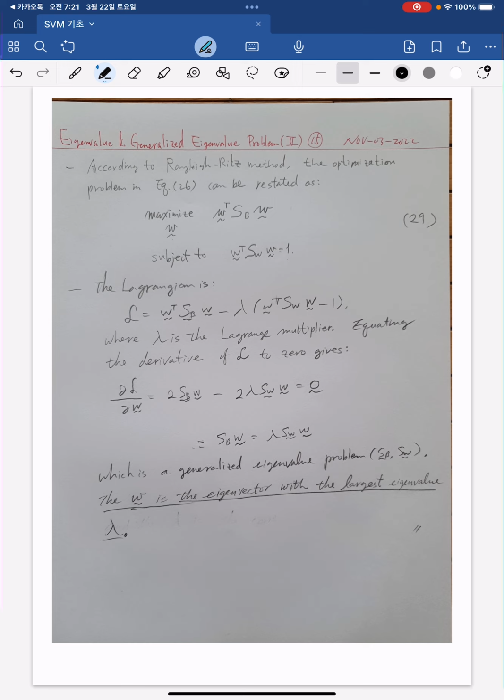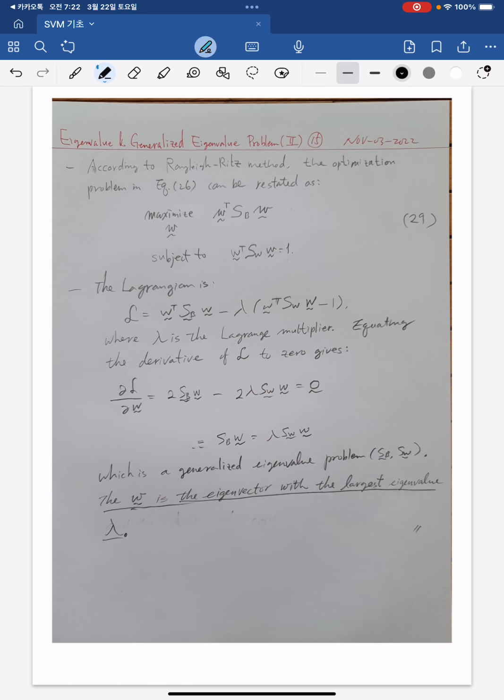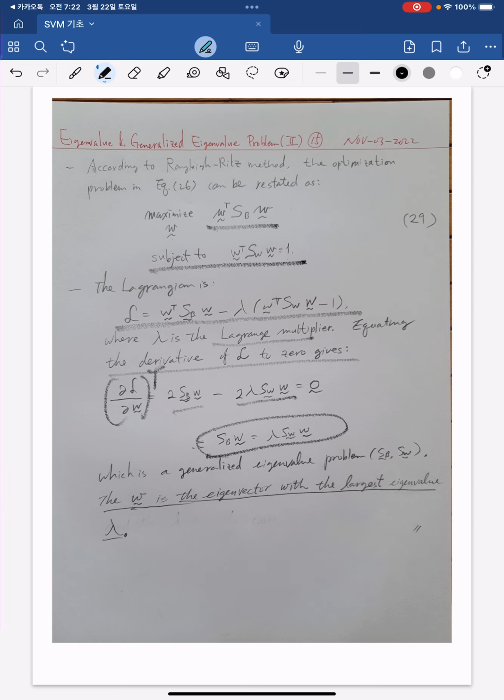According to the Rayleigh-Ritz method, the optimization problem in equation 26 can be restated as 됐습니다. 들어가는지는 이렇게 되고 람다에 들어가서 multiply equating derivative lambda to be zero. 이거 transpose입니다. Which is a generalized eigenvalue problem from SB and SW. The vector W is the eigenvector with the largest eigenvalue lambda.